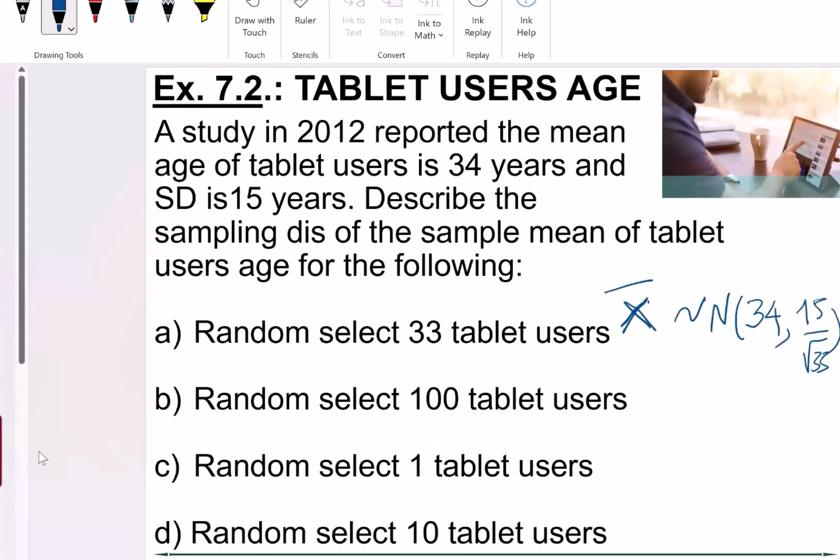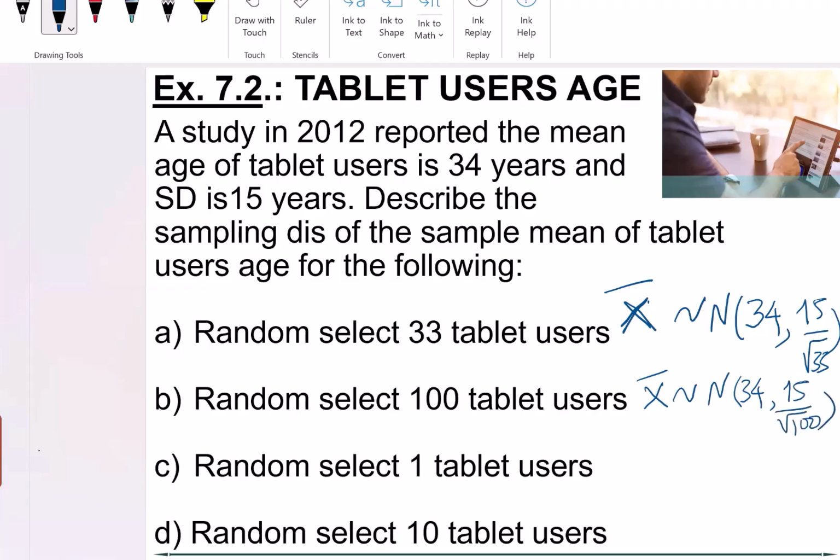So in this case, we can write that our x bar will follow a normal distribution with mean 34 and standard deviation 15 over square root 100. So this is how we answer part B.